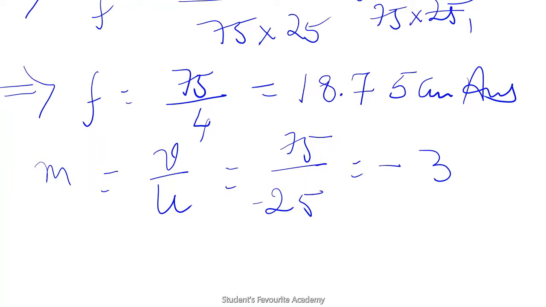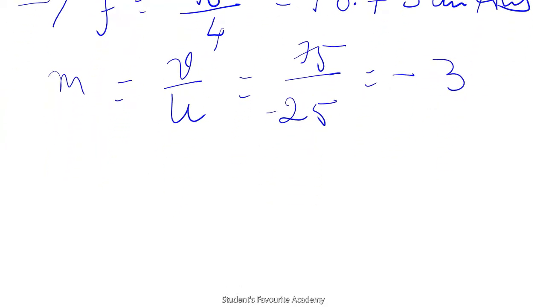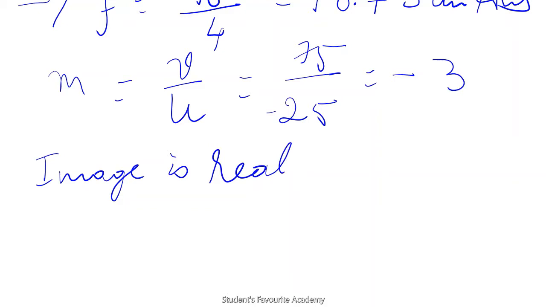So the image is real and inverted. When it is inverted, then only it will be in the negative part of the y-axis.